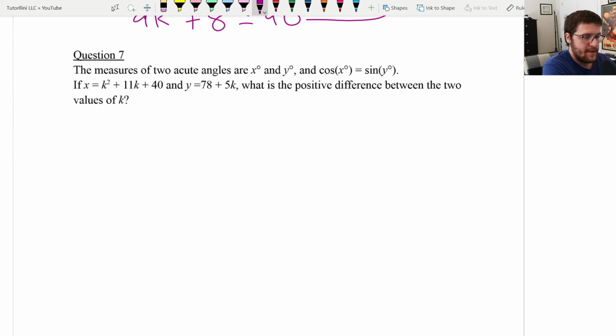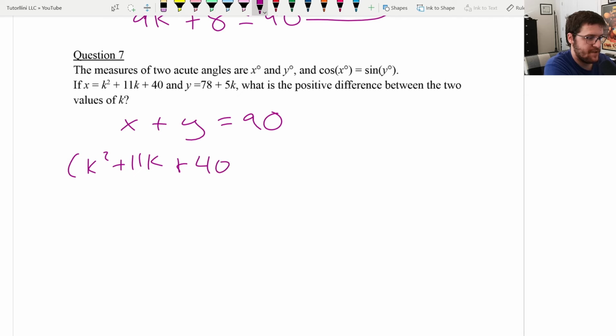Okay, so same kind of deal here. X plus y equals 90, because we have cosine equal to sine. And this is k squared plus 11k plus 40 plus 78 plus 5k equals 90.